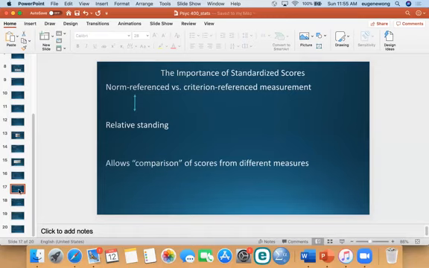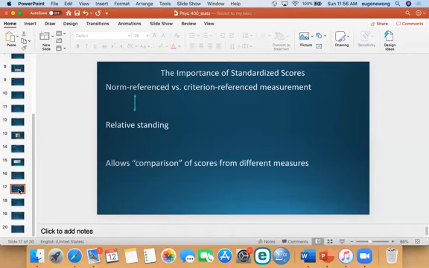Now, the other reason why these standardized scores are important is because if everything is put on the same scale, we can, in quotes, compare scores from different measures, okay? Because everything will be on the same scale. Now, that's not going to make a whole lot of sense yet, but just hang on to that thought because it'll make sense as we go through the rest of the quarter.